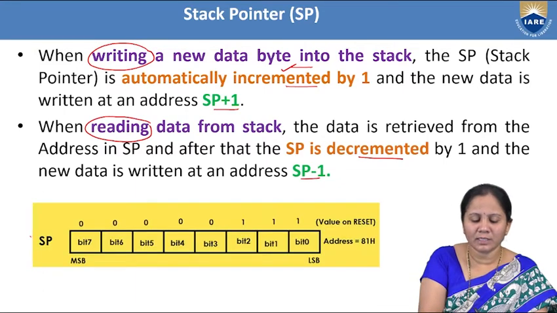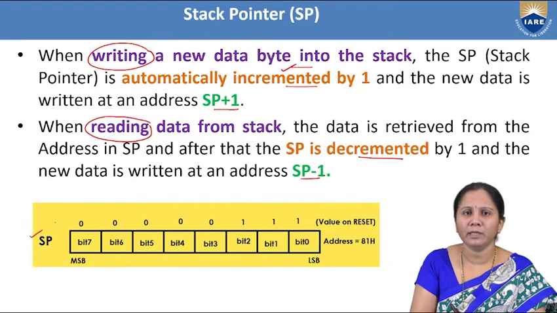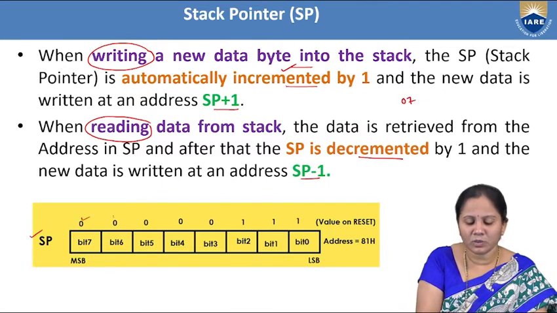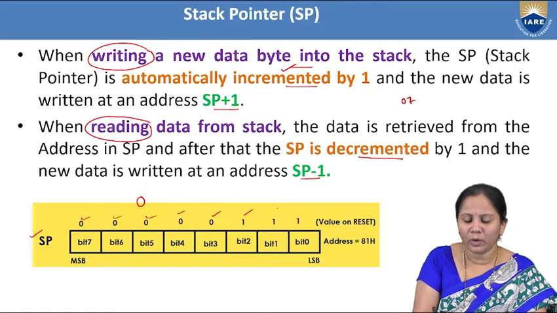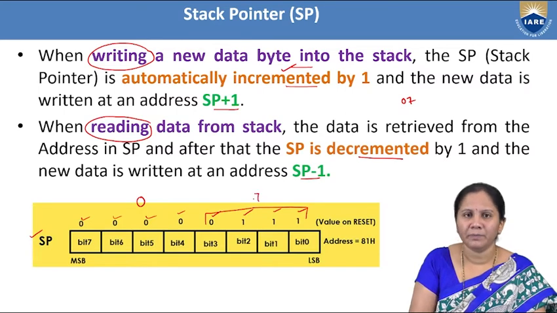So this is the general format of the stack pointer register. When this stack pointer is reset, it is going to hold a value 07. If you observe here, this is 0000, which is equivalent to a value 0, and here 0111, which is equivalent to a value 7.